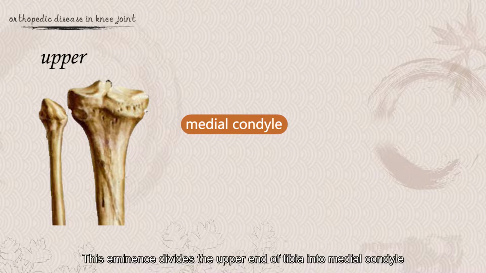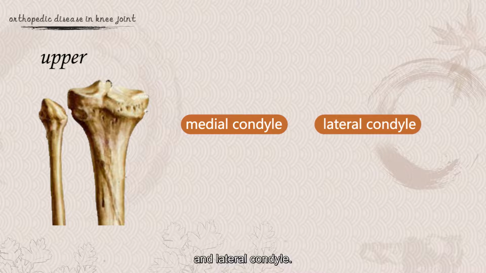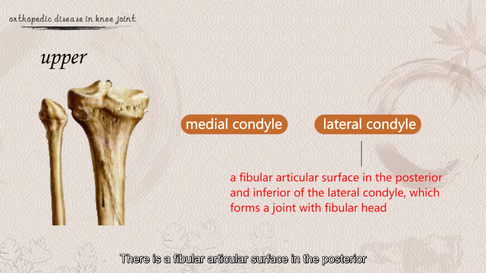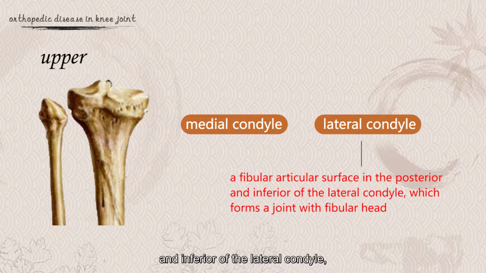This eminence divides the upper end of tibia into medial condyle and the lateral condyle. There is a fibular articular surface in the posterior and inferior of the lateral condyle, which forms a joint with fibular head.